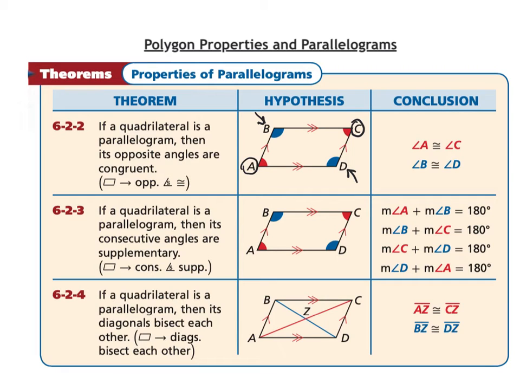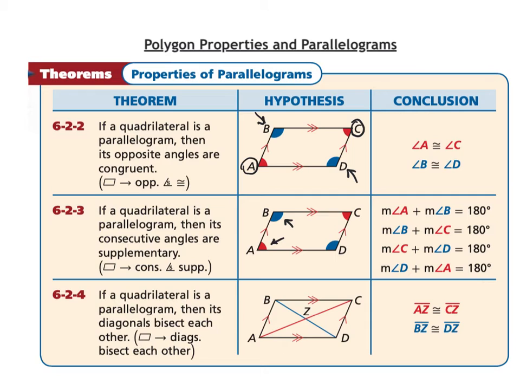Next property. If a quadrilateral is a parallelogram, then its consecutive angles are supplementary. This recalls something from earlier in the book. When you have parallel lines, you have same side interior angles in this shape. This and this are same side interior angles. They add to 180.